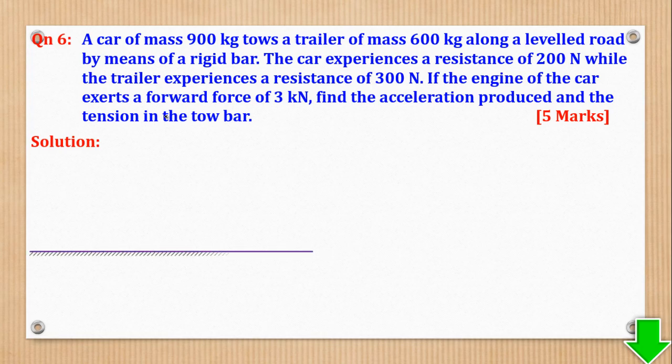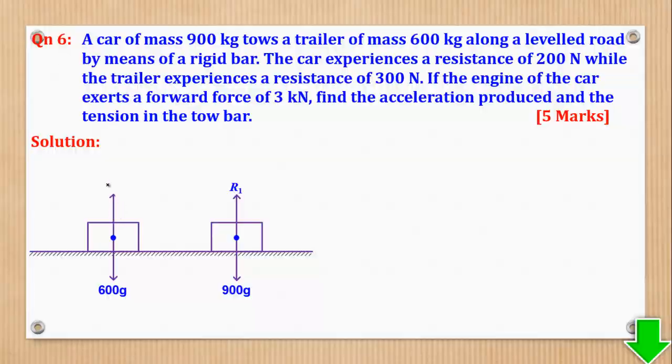So we shall need to make a sketch of the force diagram first. So put there the car of weight that. Because of this weight, it means that there will be a normal reaction R1. Then also put there the trailer of weight that, and the normal reaction R2.